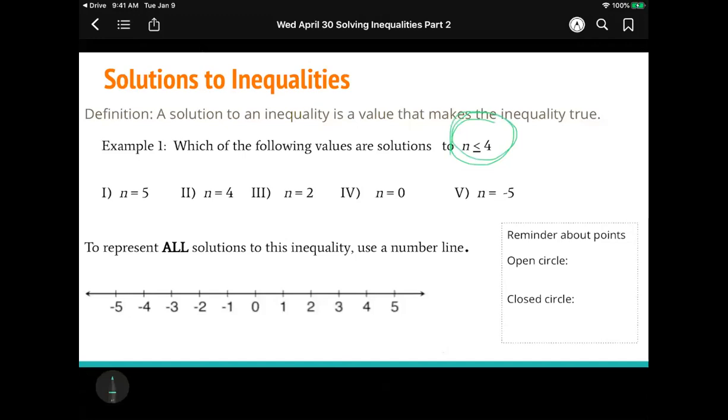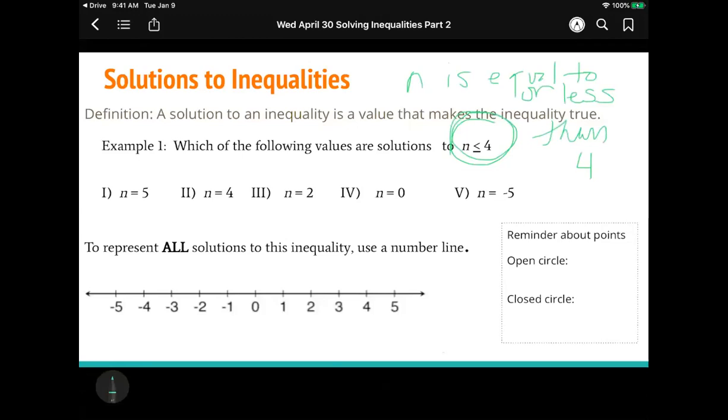Or you could type it. n is equal to or less than 4. Thanks, Rack. All right, n is equal to or less than 4. Some of you say less than or equal to, it doesn't matter. But the point is that we're talking about things that are less than or equal to.